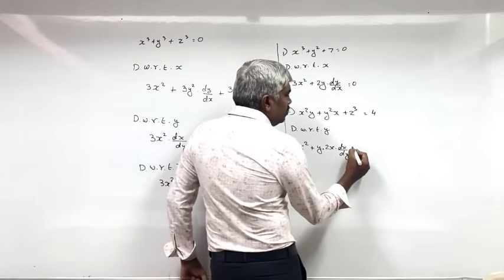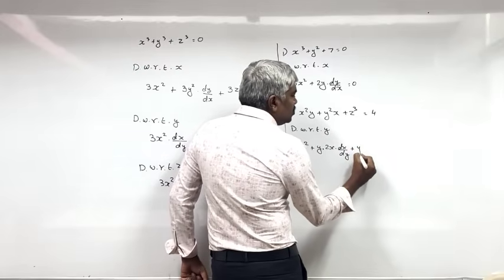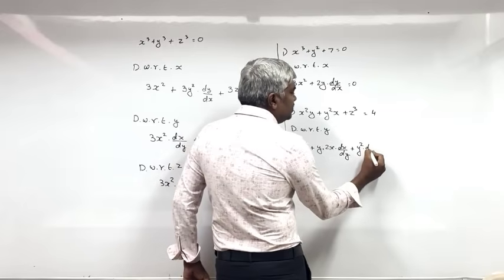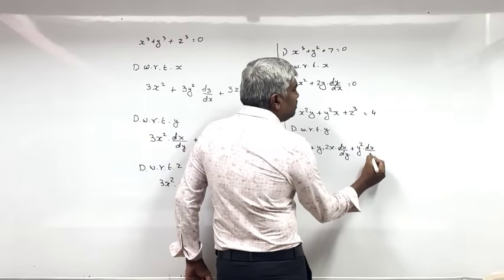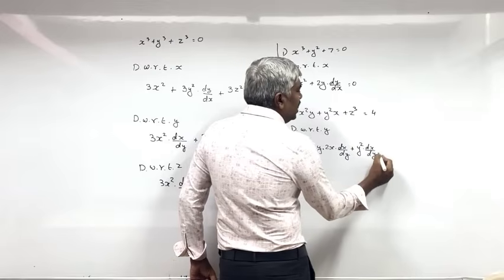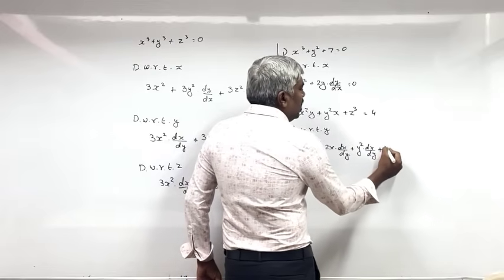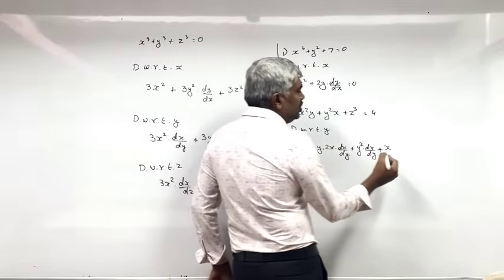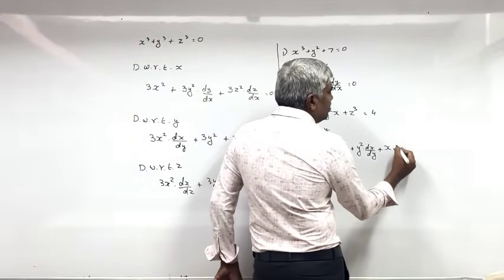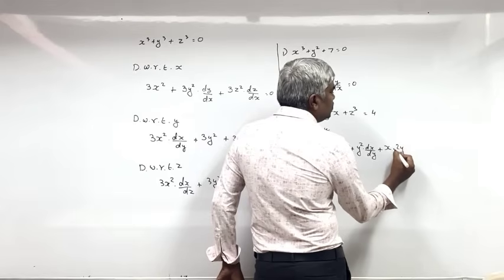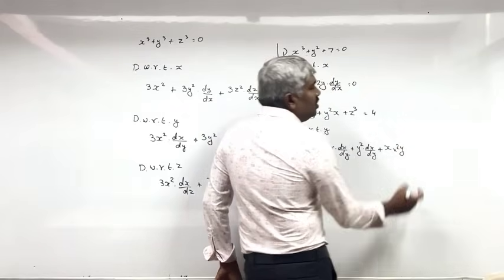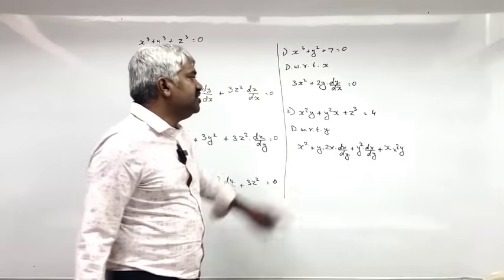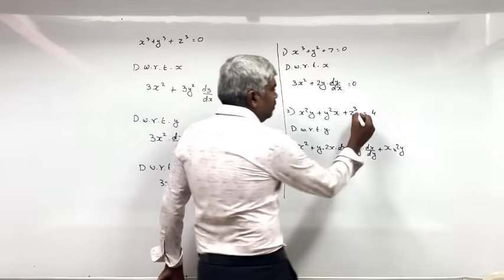Next step, y square, differentiate x, which is dx by dy, keep x as it is. Now differentiate y square: differential of y square is 2y, nothing else will come because we are differentiating with respect to y.